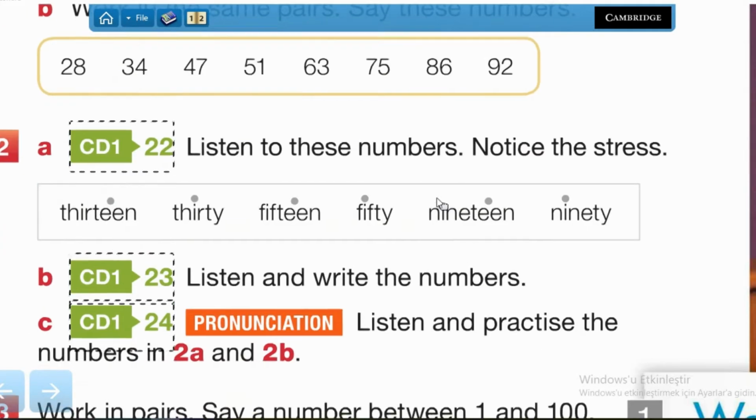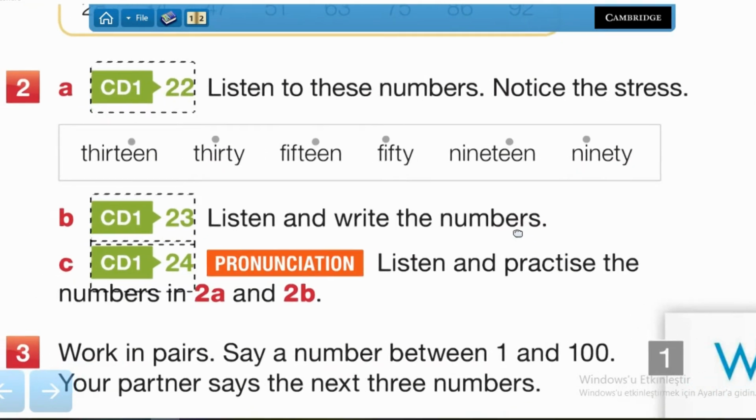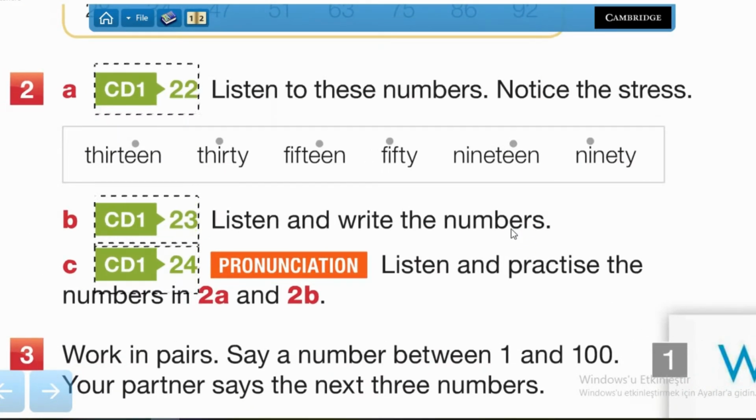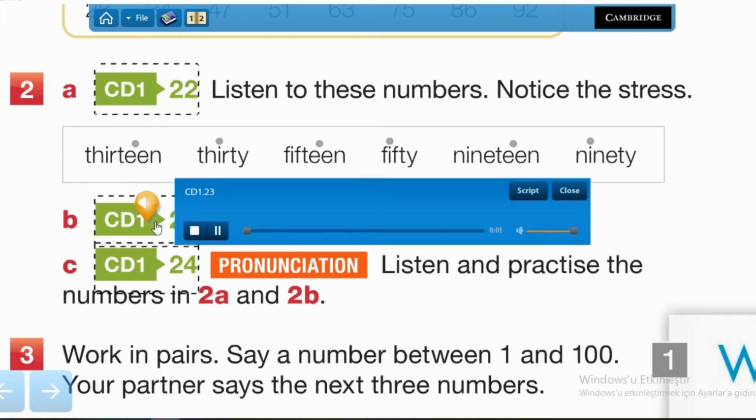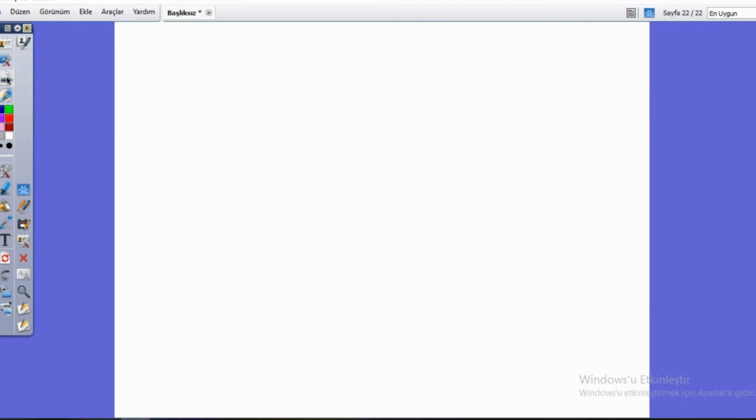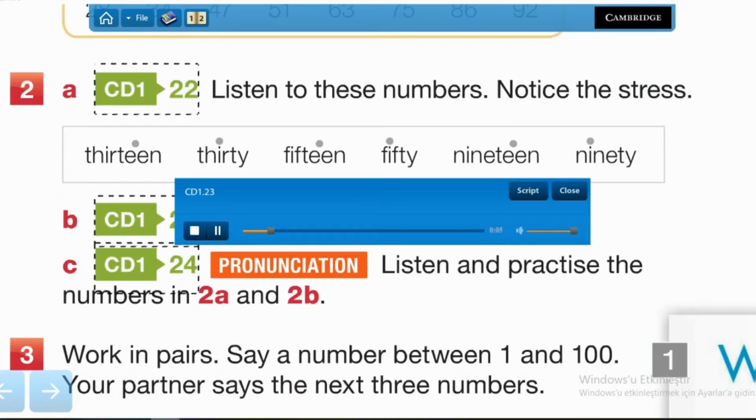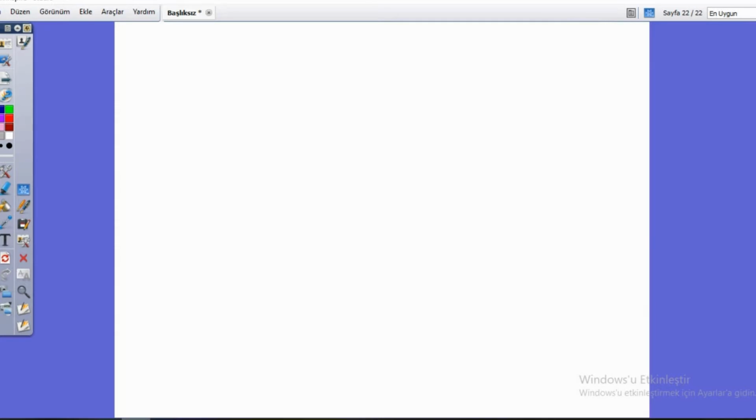Now, we listen on 2B. We listen and write the numbers. Let's start. Track 23. 40. Listen again. 40. 40.